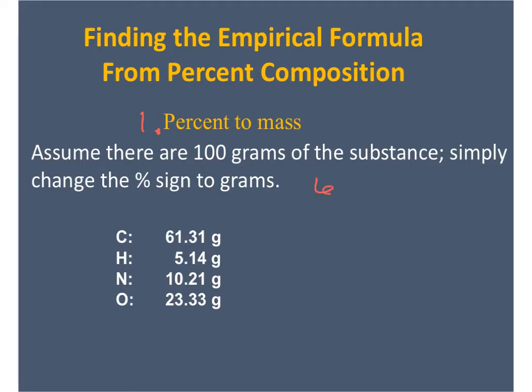So if you go back to that question, it said it was 61.31% carbon. Just literally take off the percent and put a gram sign, okay? We're not making believe stuff. All you do is assume you have 100 grams total of the compound, and that makes total sense. But anyway, switch the percent sign to grams.